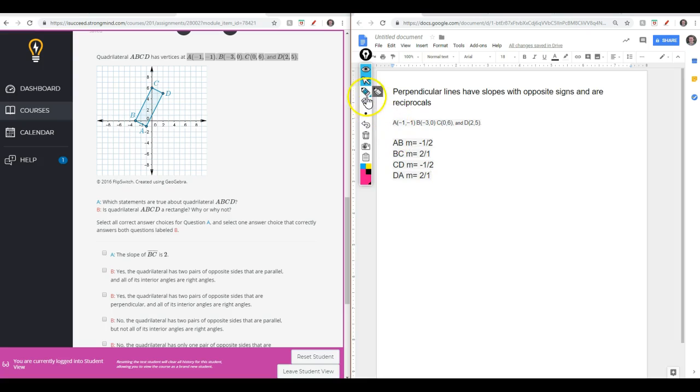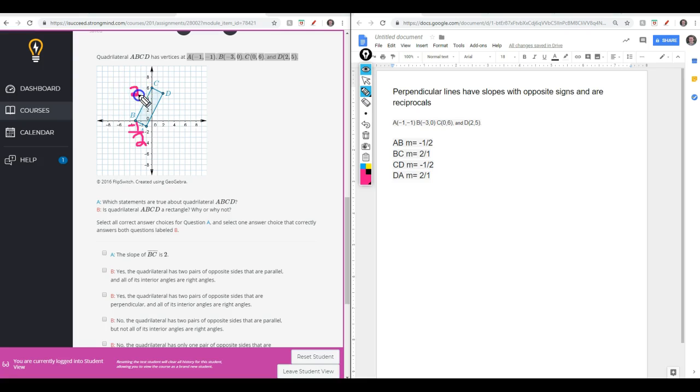So again, opposite sides in rectangles will have the same slope because that makes them parallel, and adjacent sides will have opposite signs and reciprocal slopes so that this angle will be a right angle. So AB is going to be -1/2.